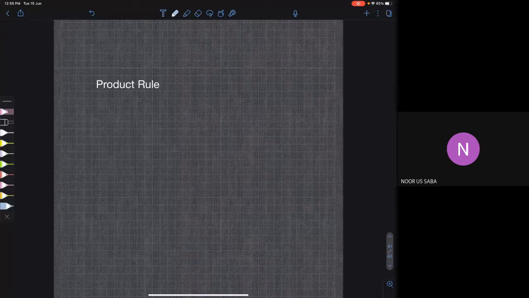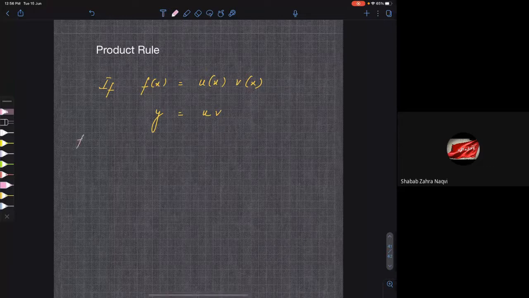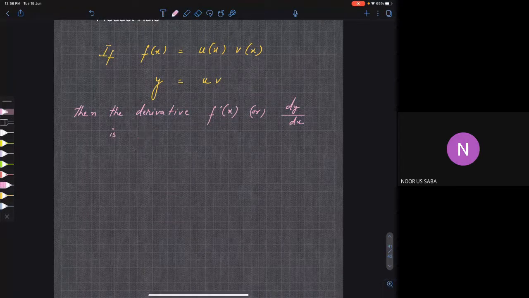The product rule is: if you have two functions, for example, if f of x is equal to u of x into v of x, or if y is u into v, then the derivative f dash of x, or dy by dx, is taken as follows.